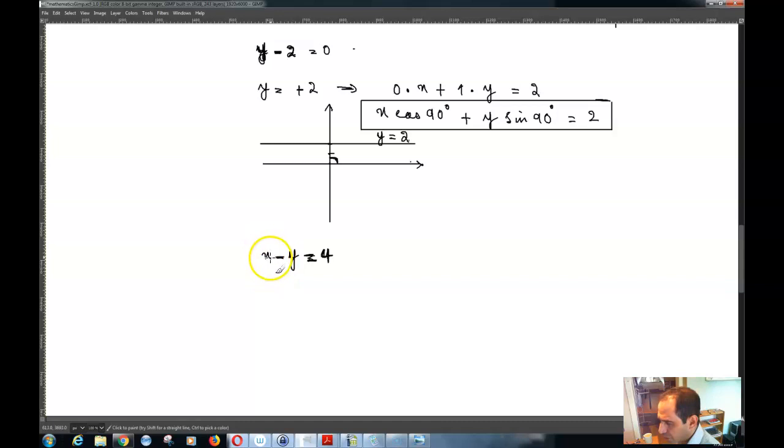So you can write cos of omega is equal to 1 and sine of omega is equal to negative 1. And sine of omega negative 1 is at 270 degrees.